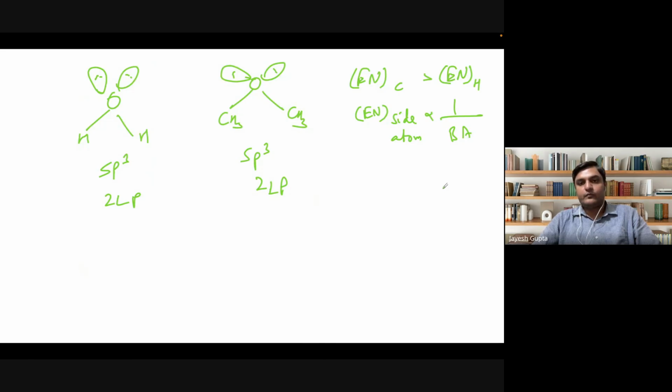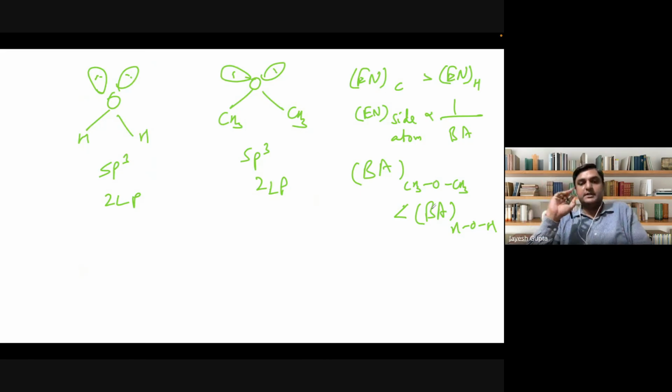So if the electronegativity of carbon is higher, the bond angle of CH3OCH3 should be lower than the bond angle of HOH. So this is according to the rules whatever we have discussed in hybridization.